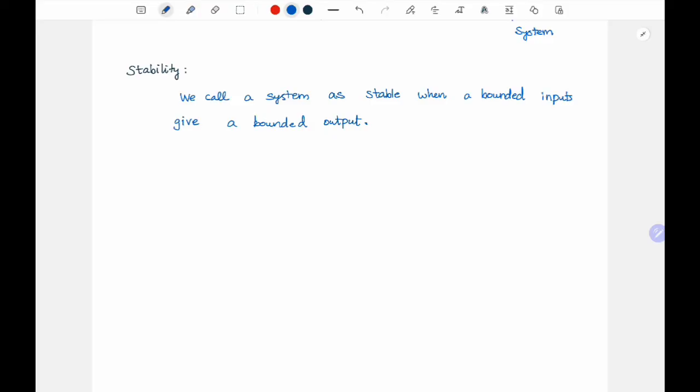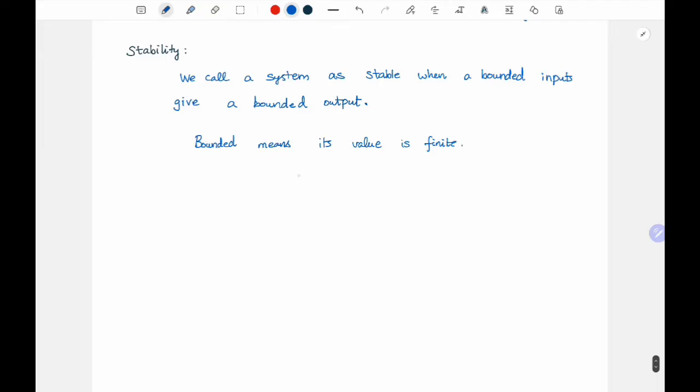So what does bounded input mean? Bounded means its value is finite and it is not infinite. For example, take a constant signal, x of t equal to 2. This has a value of only 2 throughout, and the value 2 is finite in itself.